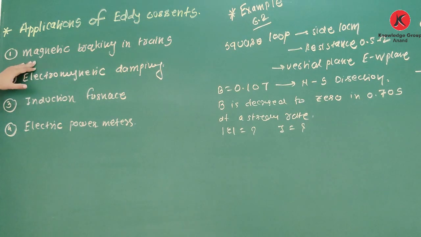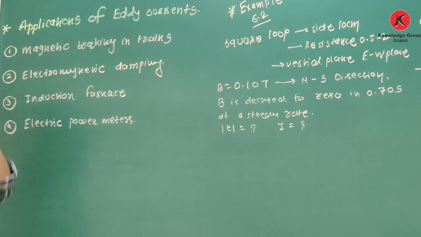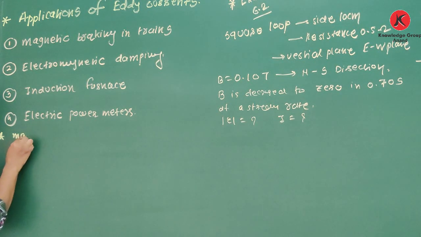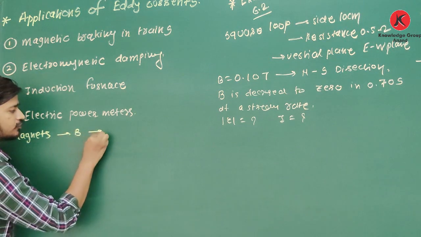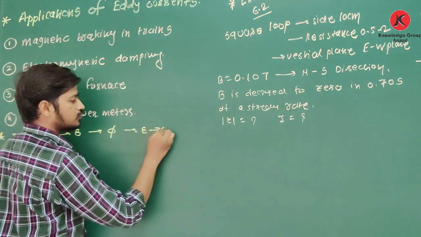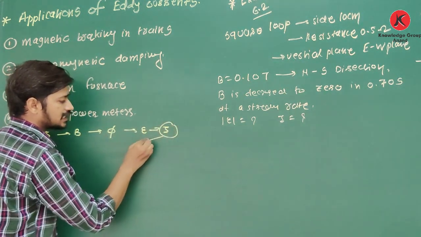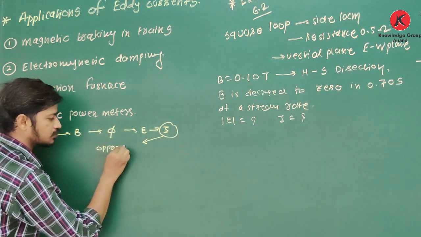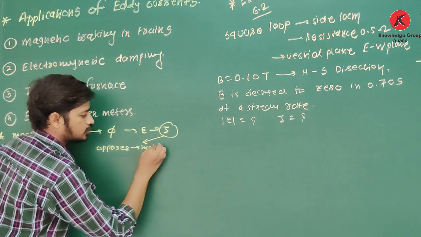See, first, magnetic braking in trains. What happens in this situation? Yes, strong magnets are used. Due to these magnets, magnetic field is produced, magnetic flux is produced. Due to change in magnetic flux, EMF is induced, current is induced, and this current is induced such that it opposes motion of train.